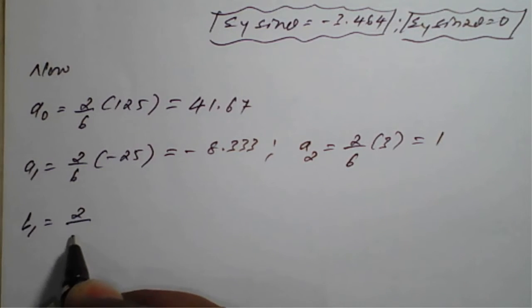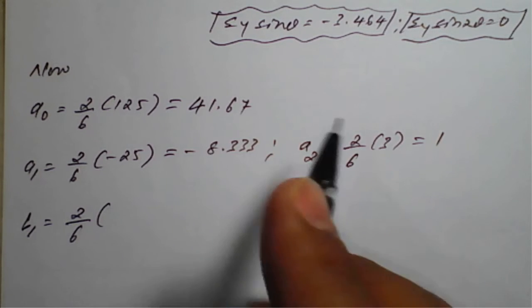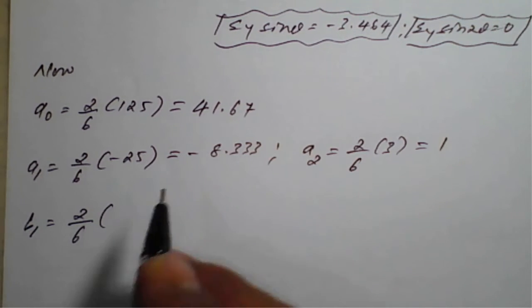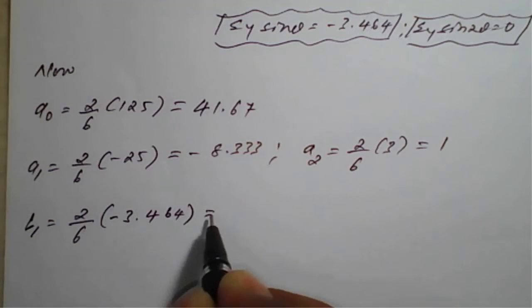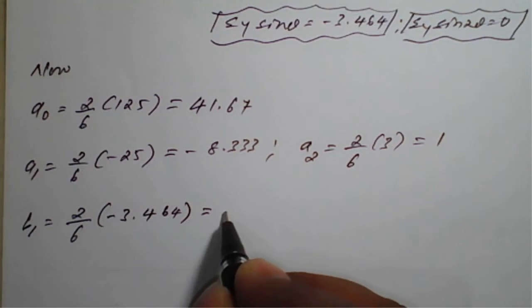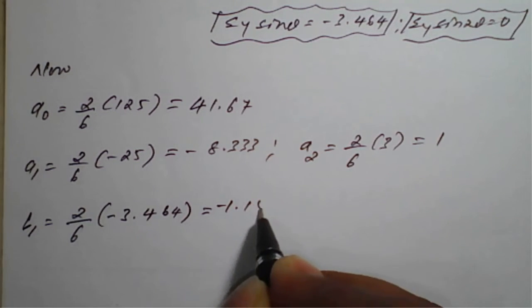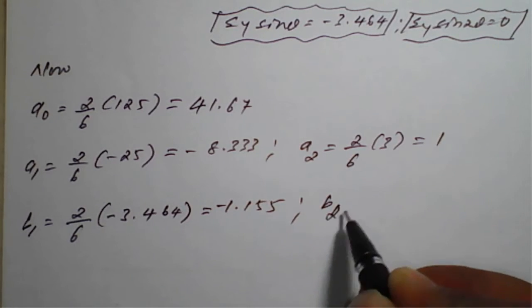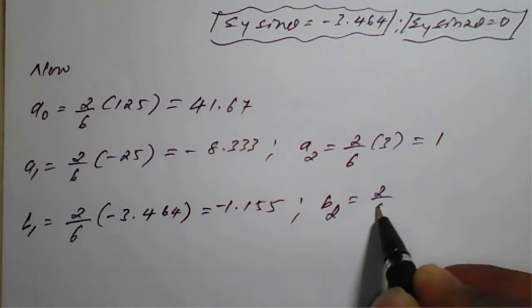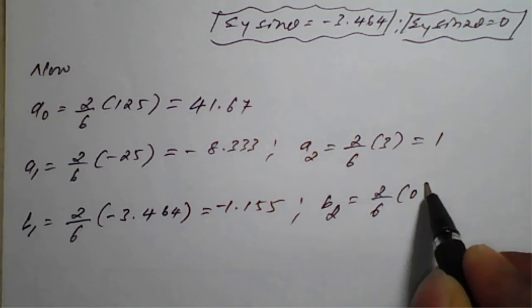It is 2 upon capital N, which is 6, times the summation of y sin theta, which is minus 3.464. So the value of this is minus 1.155. Similarly, B2 is 2 upon 6 times the summation of y sin 2 theta, which is 0, therefore it is 0.